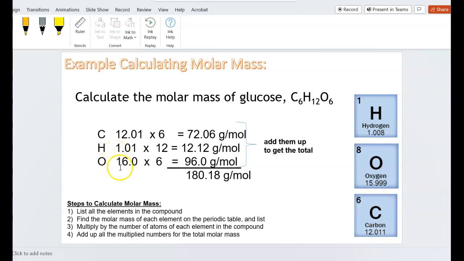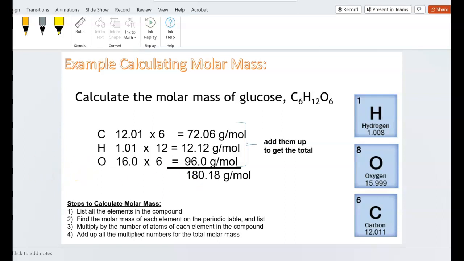Hydrogen is 1, oxygen 16, rounded. And then I'm going to multiply by how many I have in the compound. So I have 6 carbons, so I'm multiplying by 6. I have 12 hydrogens. I have 6 oxygens. Once you multiply, you add them all up. And so the molar mass of glucose is 180 grams per mole.